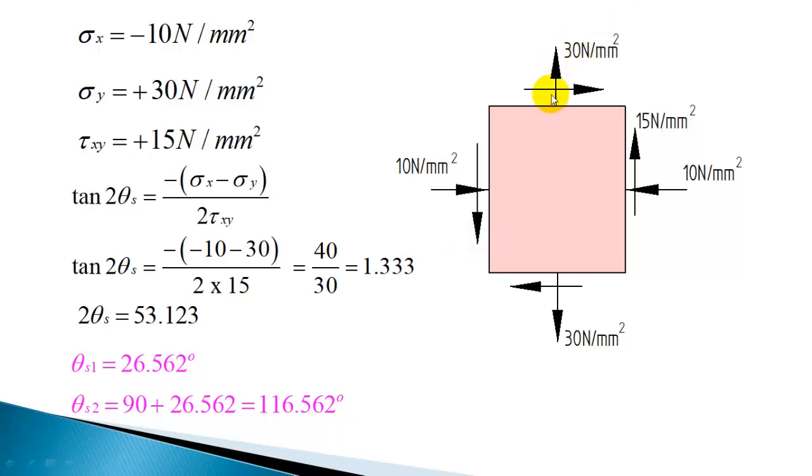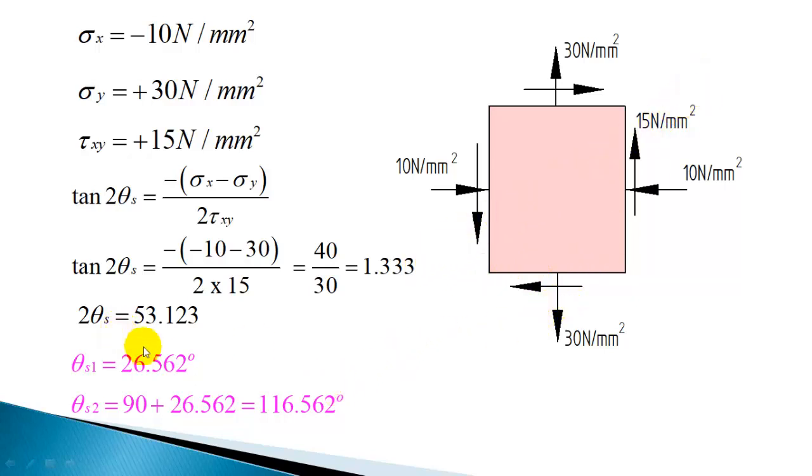So from the vertical, one plane will be at an angle of 26.562 degrees, and another from the vertical will be 116.562 degrees, which is less than 180. So the other plane will be like this. So you will get one plane like this and another plane perpendicular to that.